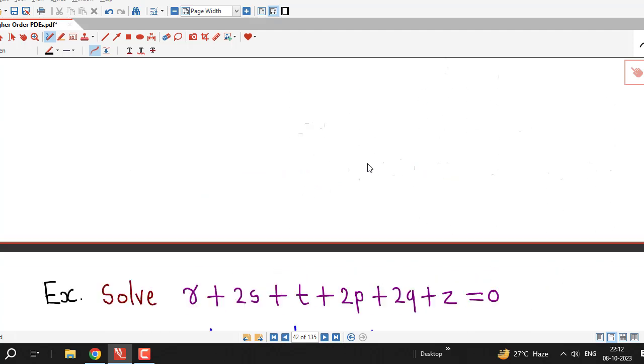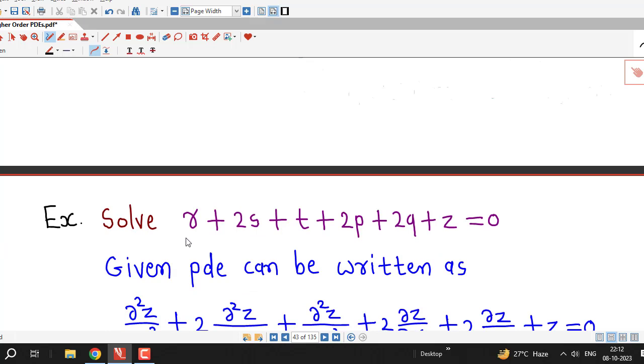Here we are asked to solve this partial differential equation given by r plus 2s plus t plus 2p plus 2q plus z equal to 0.